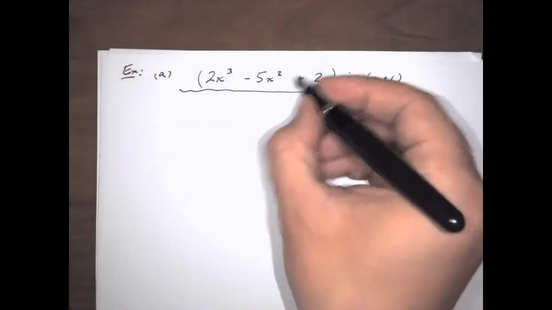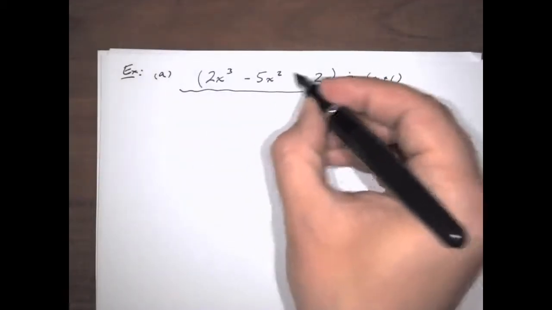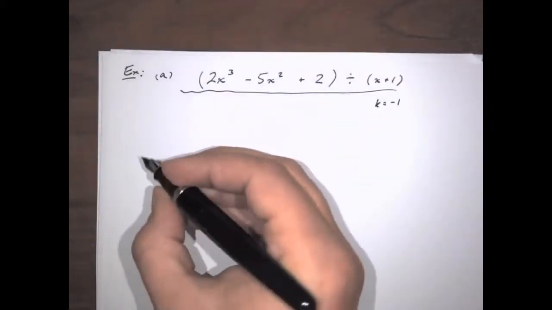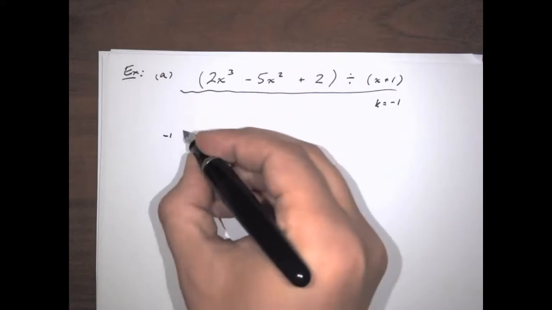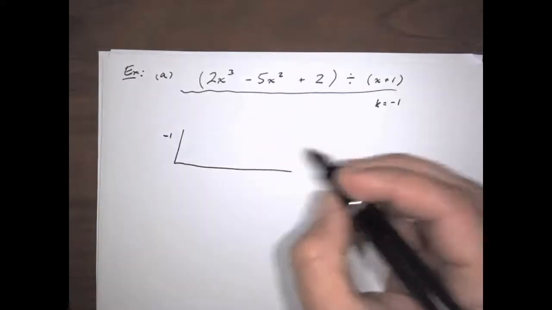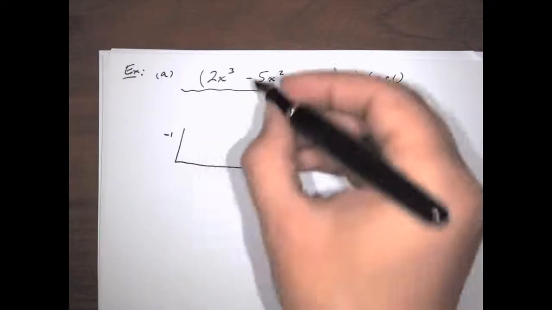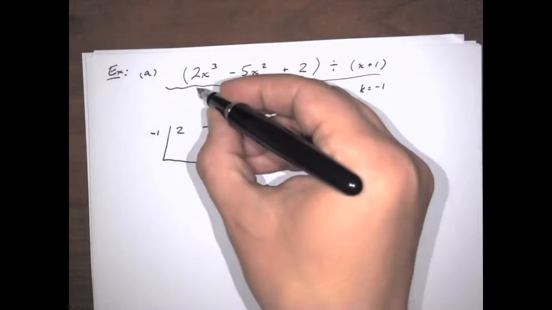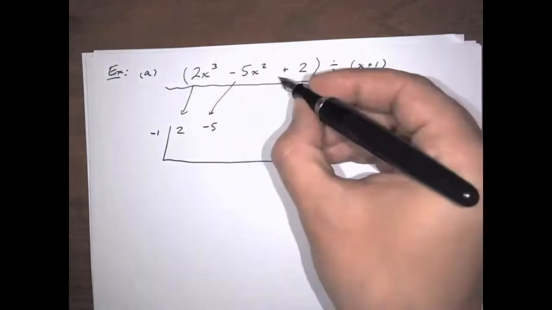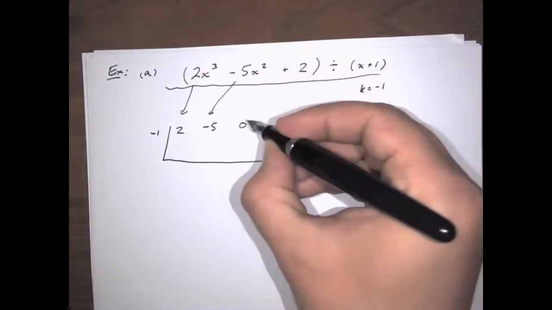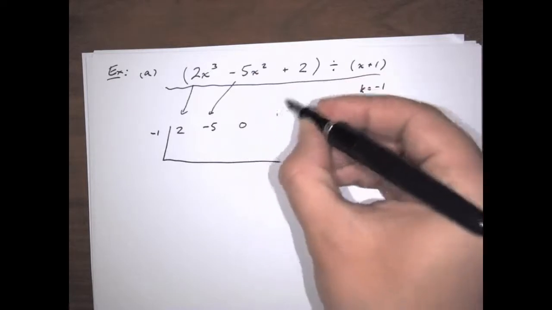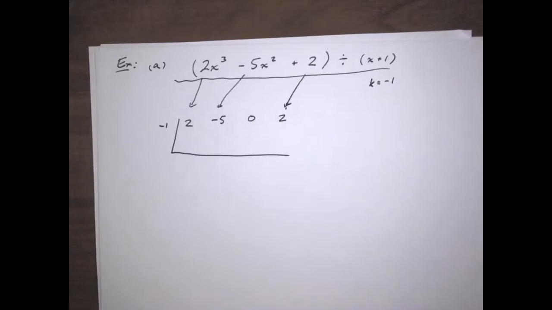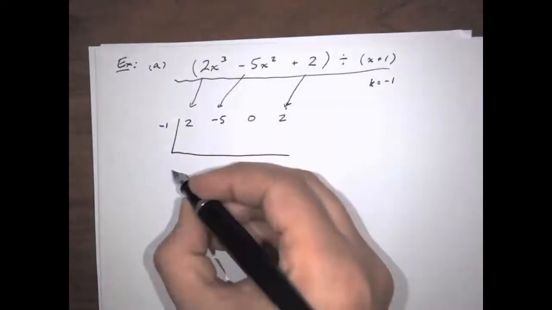And secondly, you'll notice that we are missing the x term. Cube, square should be an x, and then a constant. So that means we're going to have a 0. So negative 1, and then we're going to have 2, negative 5, a missing 0, and then a 2.